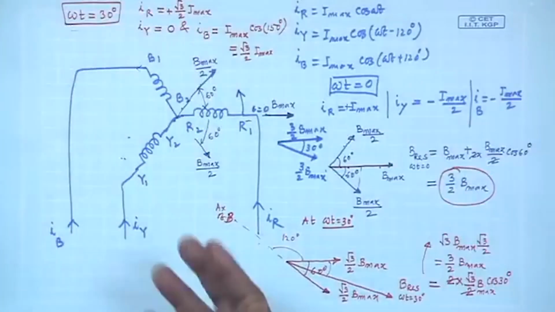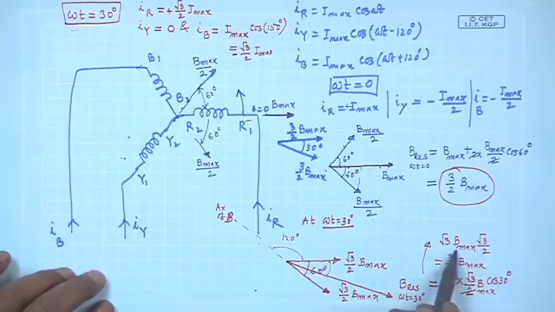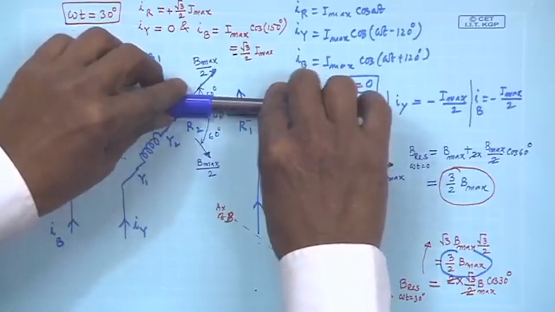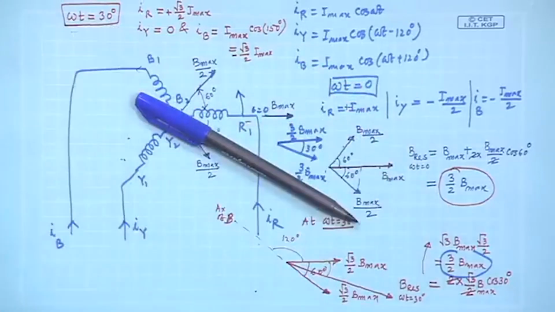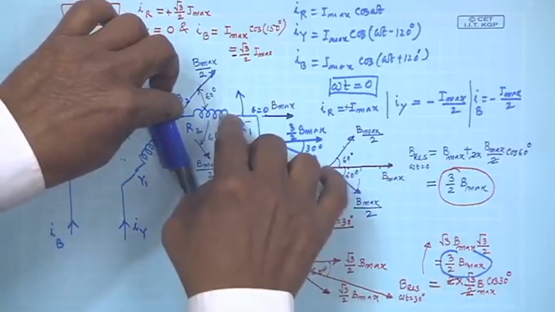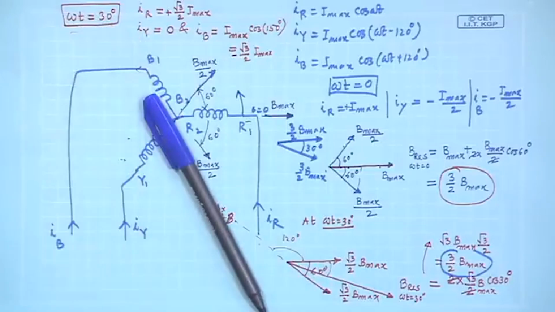Okay, take another instant, omega t equal to 60 degree. You will find that the resultant field strength once again remains 3 by 2 B max, and it was initially here at omega t equal to 30 degree, it came here, the length is the same. At omega t equal to 60 degree, you will see it has gone by 60 degree, strength remaining the same.